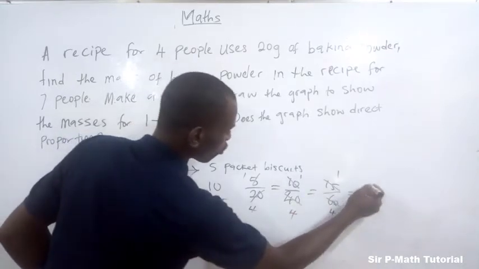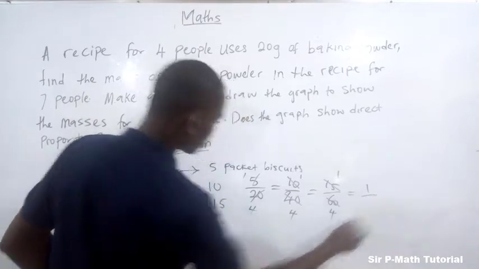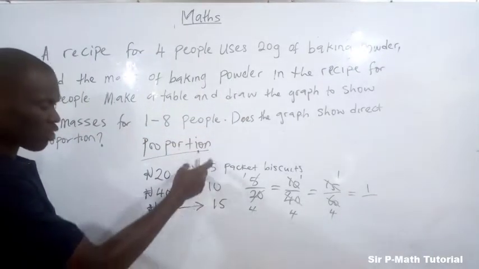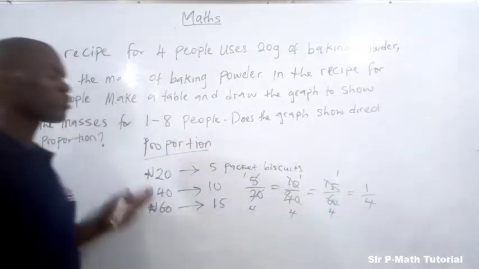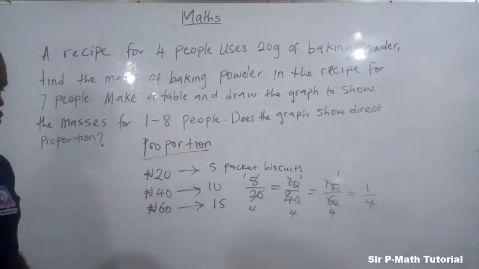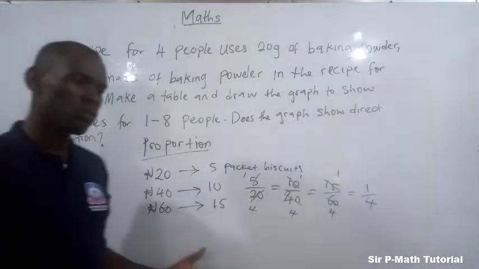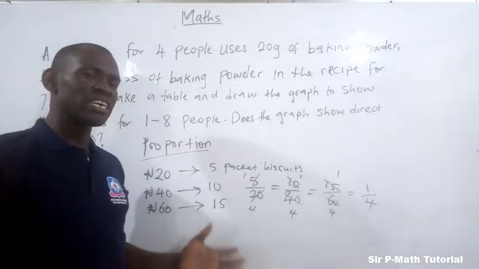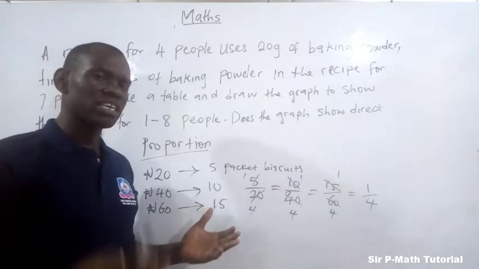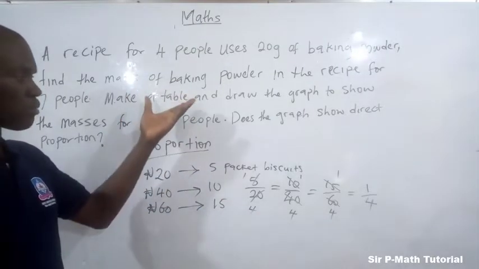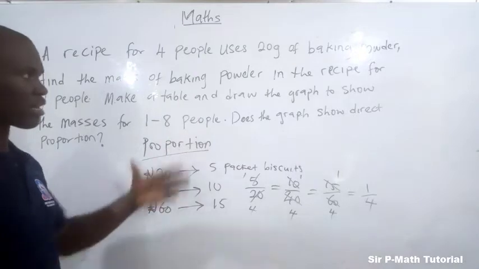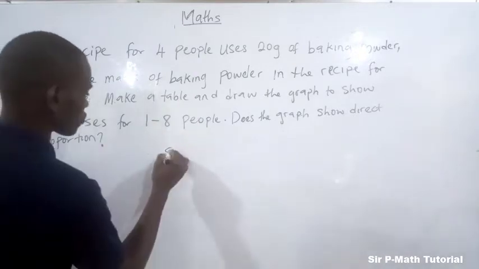Therefore, the ratio of what I can afford at a particular time is equal, which is 1 over 4. So this is a direct proportion. An increase in one quantity brings about a relative increase in another quantity. We are going to use this knowledge to solve this problem and look at other things around direct proportion.